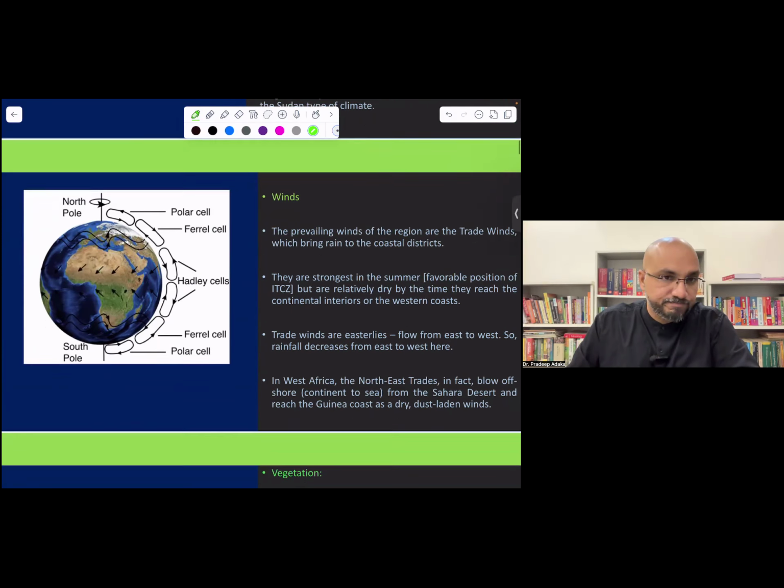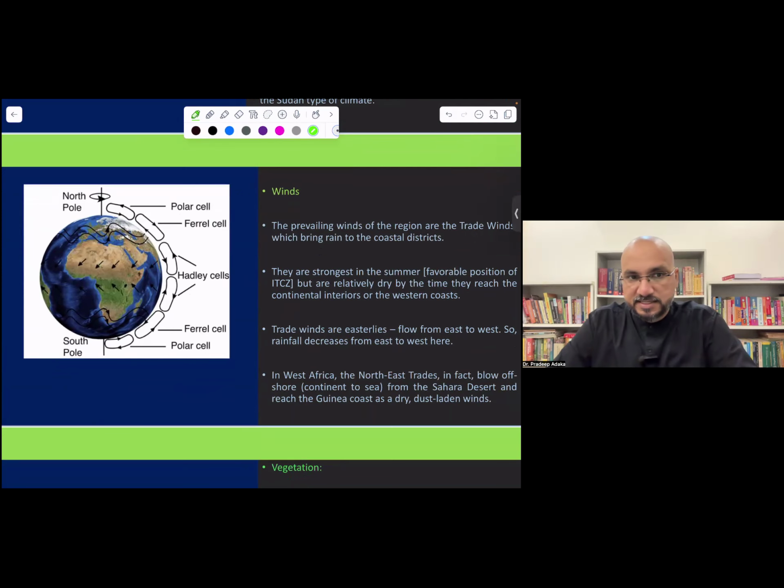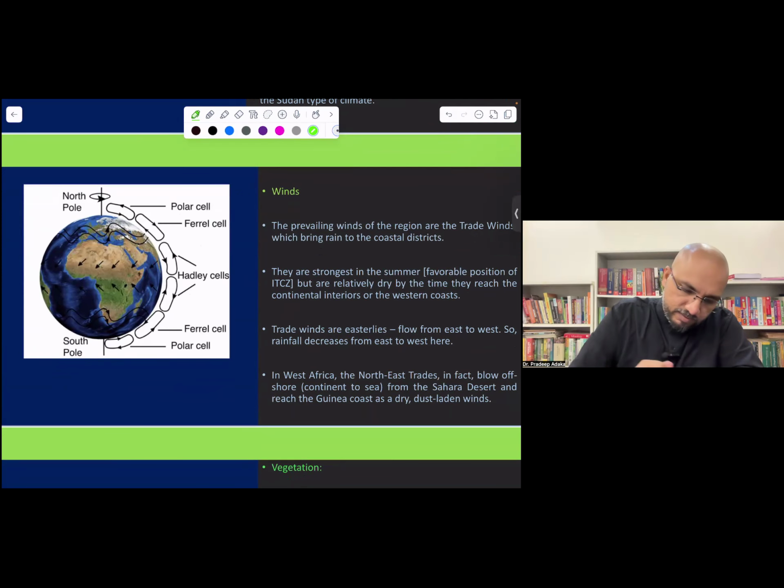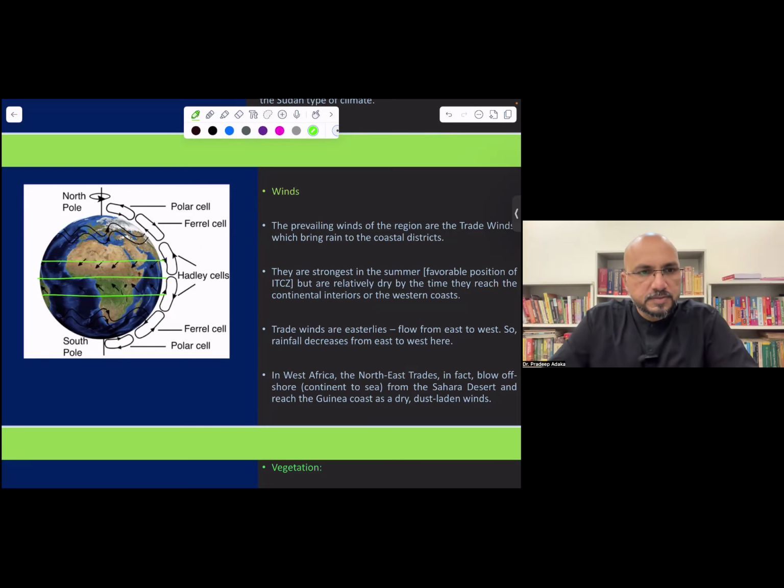Now winds, the main prevailing winds. So this region lies in the intertropical convergent zone, ITCZ, right?